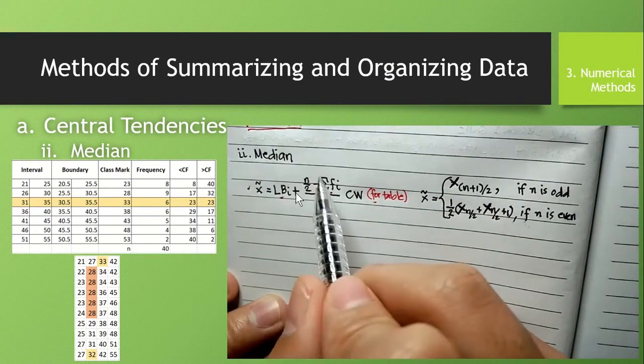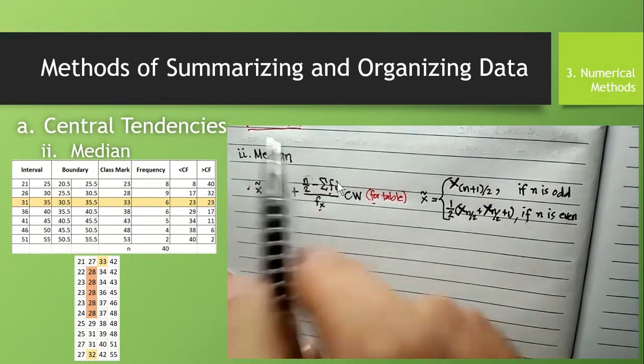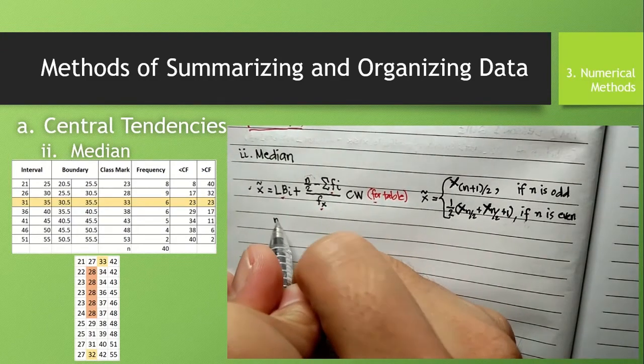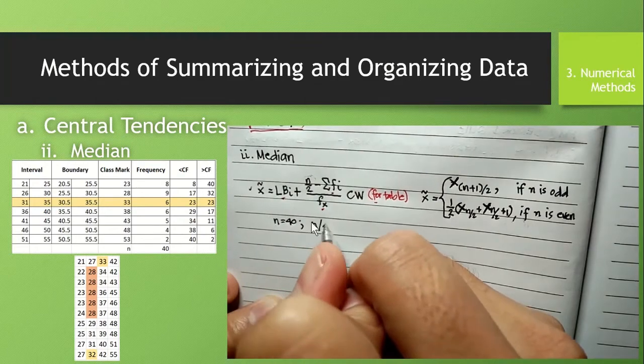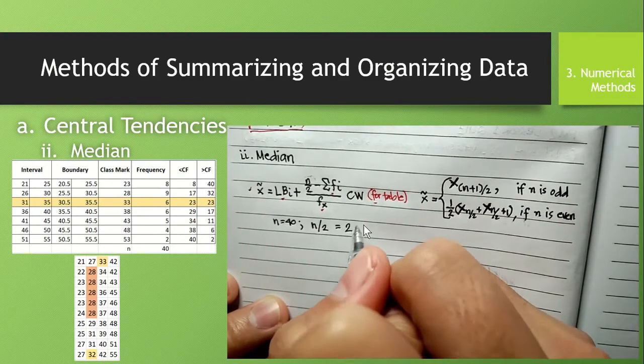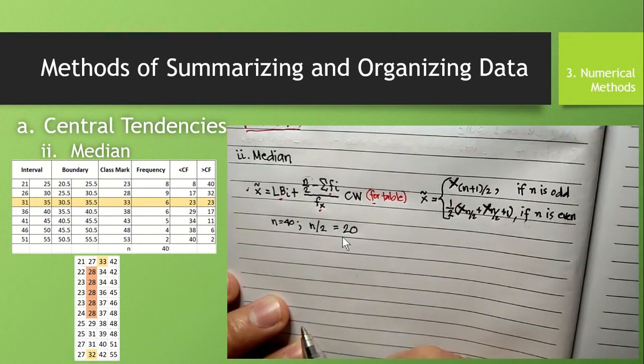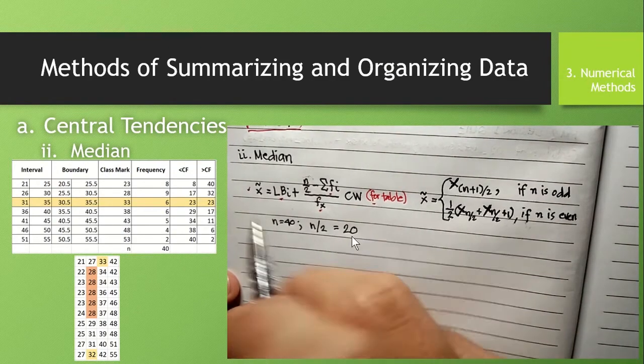Recall that LB sub i, n over 2, summation of f sub i, and f sub m are known values. Our n is 40, so n over 2 is equal to 20, which means our median class is where the 20th data is located.